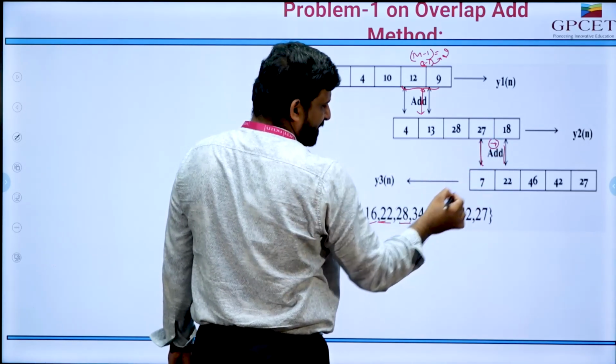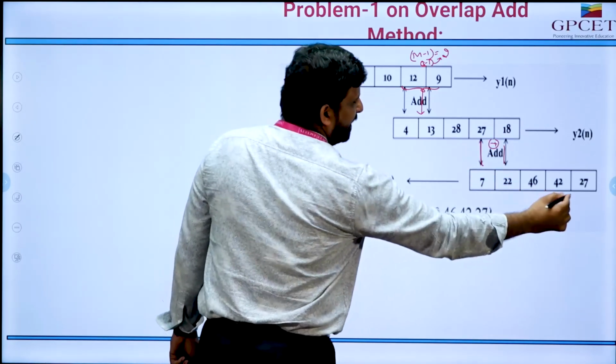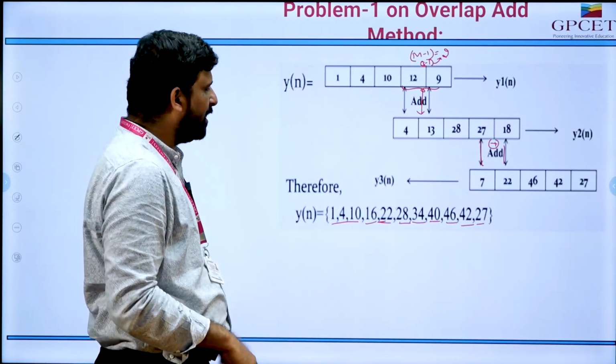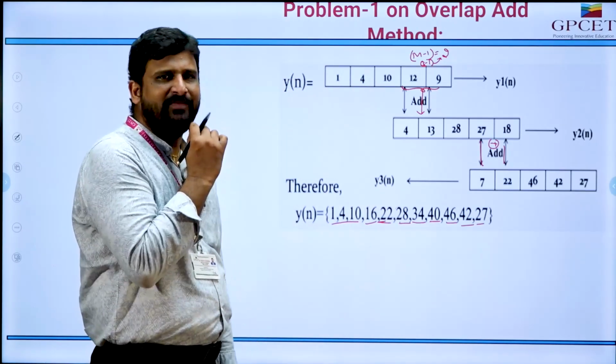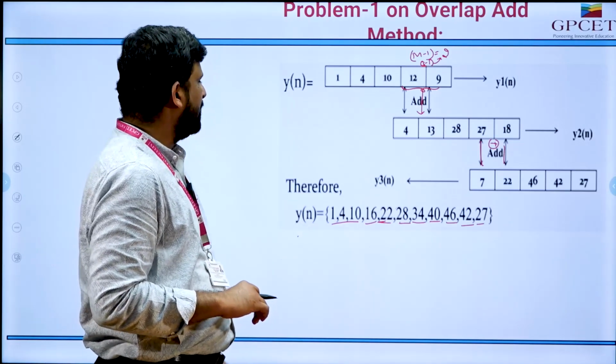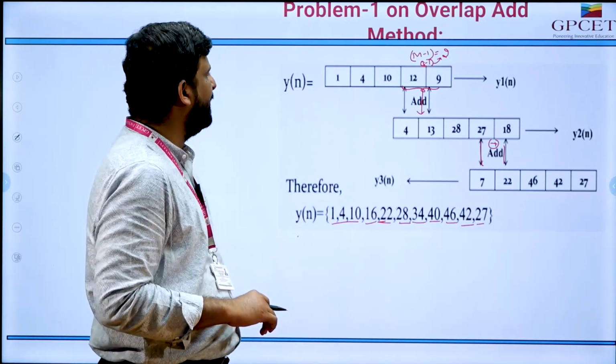That is 27 plus 7, 34, 18 plus 22, 40. Then the remaining terms 46, 42, 27. I think you got the clarity on how this reduction has been done with the help of the overlap add method. So this is the finalized answer we get by using the overlap add method.